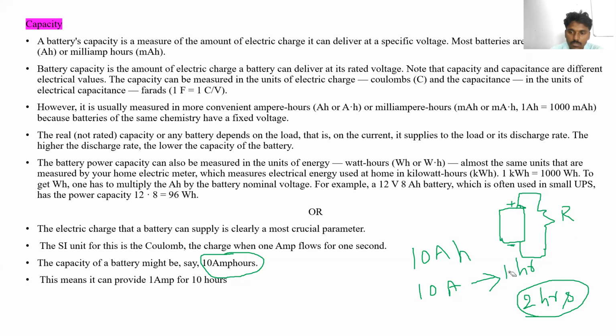If the load is taking 20 amperes current, then this battery can supply only 0.5 hours. Only 0.5 hours means it can supply for half an hour only.